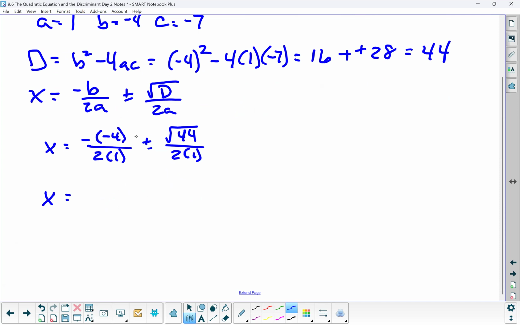The opposite of negative 4 is positive 4. 2 times 1 is 2. And in our second fraction, in the denominator, 2 times 1 is 2.